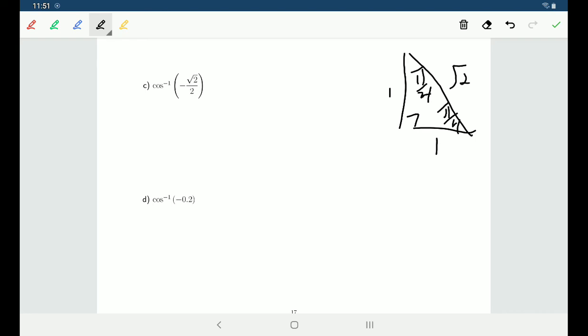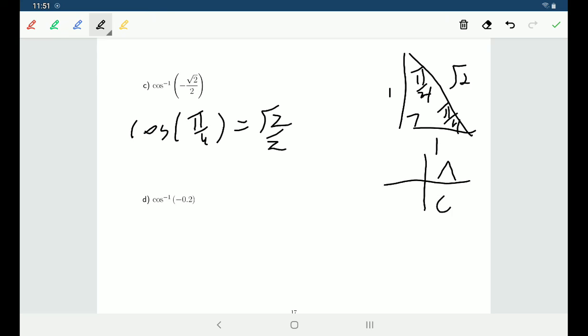And when you're looking at cosine of pi over 4, cosine of 45 degrees, you get adjacent over hypotenuse, 1 over root 2, which of course simplifies to give you root 2 over 2. So we know that cosine of pi over 4 gives us root 2 over 2. Now, we're not looking at root 2 over 2. Here we're looking at negative root 2 over 2.